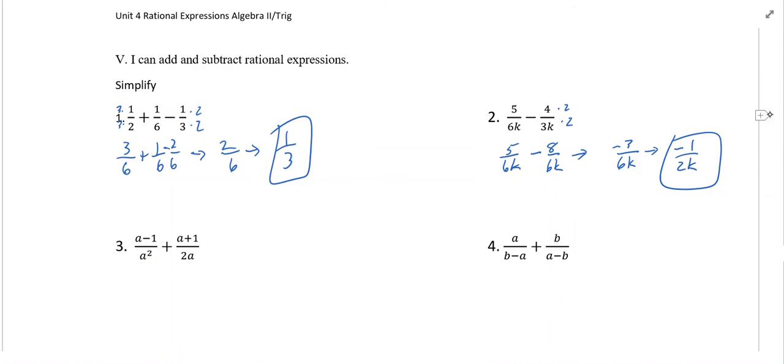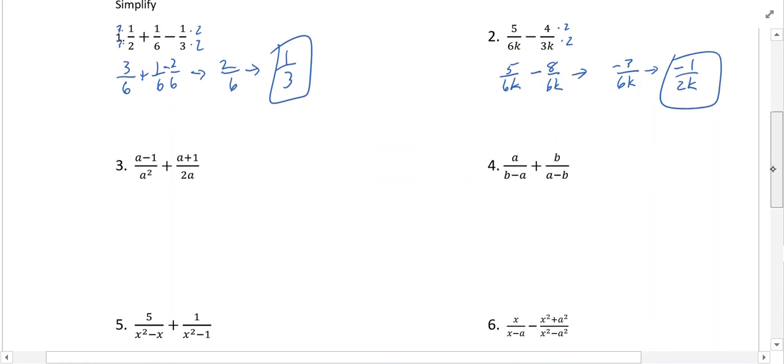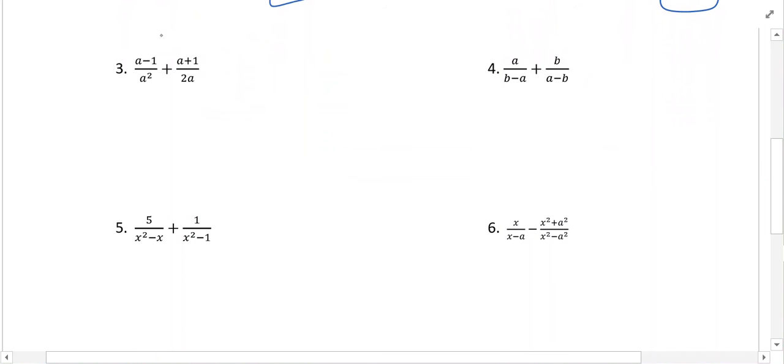Okay, so now we get into adding fractions that have expressions here. So remember, an expression has this invisible implied set of parentheses, okay? But remember, you still need to find a common denominator. So this a squared and 2a, the lowest monomial they can multiply to is 2a squared.